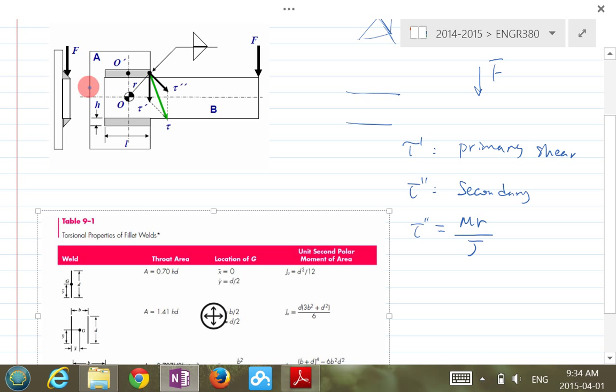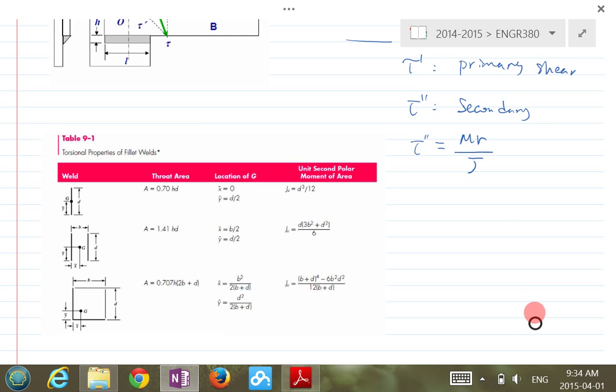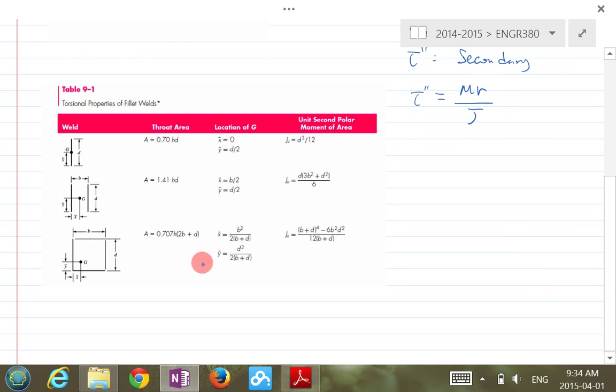So it depends on the type of weld, your weld group, then the J will change. So how do we determine the J then? We determine the J based on table 9-1. So 9-1 doesn't give us the J directly. It gives us the so-called unit second polar moment of area, J_U. So it depends on the type of weld group that you apply.